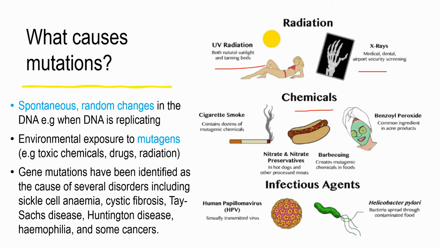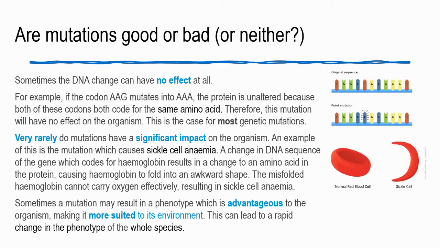And we've got infectious agents like viruses and bacteria can also cause mutations. These things that cause mutations are called mutagens. And gene mutations have been identified as the cause of several disorders, including sickle cell anemia, cystic fibrosis, and other diseases. Okay, so they can be bad, they can be good, they can just have no effect at all.